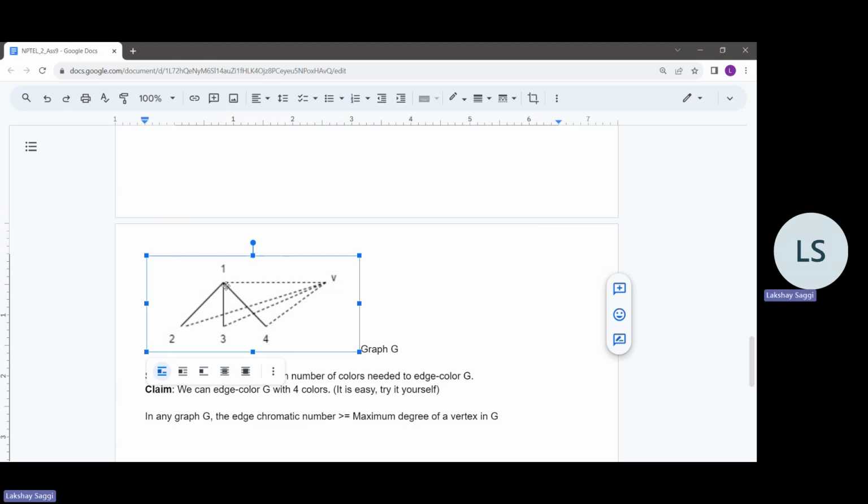Similarly, we'll also need at least degree of each other vertex, and so we'll need at least the colors which correspond to the maximum degree.